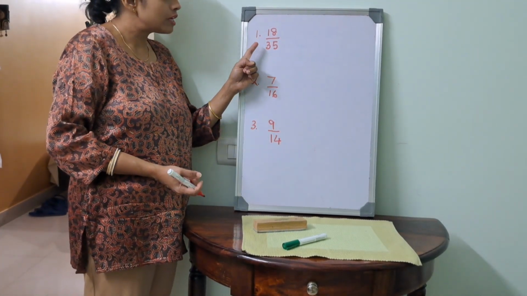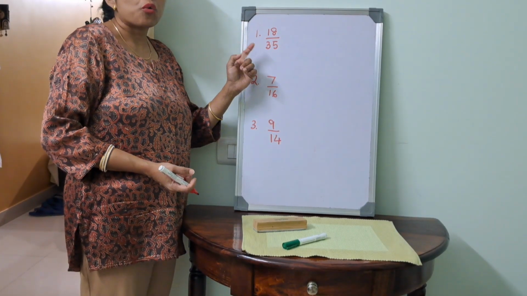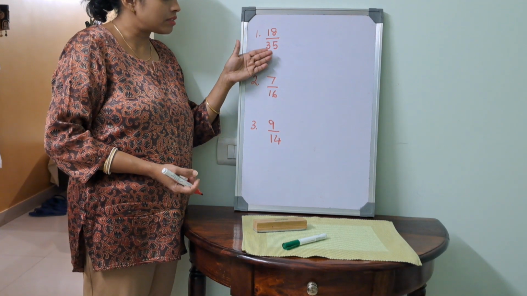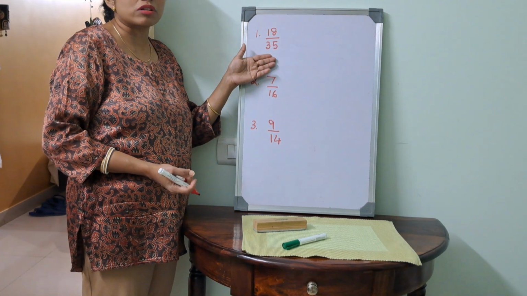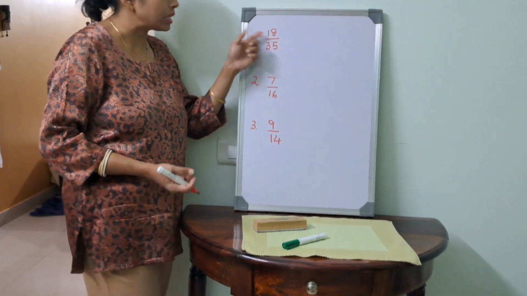Now what do we have to do? Just looking at the rational number, we have to find out whether it's a terminating decimal or a non-terminating decimal. Now how do we do that? By looking at the denominator.